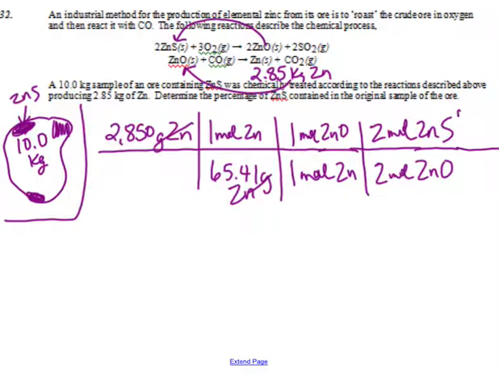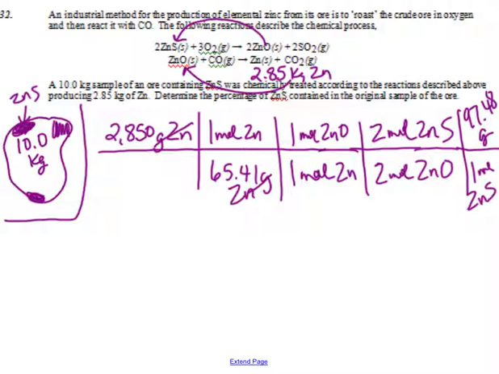And now that I'm out of room, what do I need to convert this to, to figure out percentage? Grams. So for every 1 mole of this, how many grams of ZnS do I have? 97.48 grams.